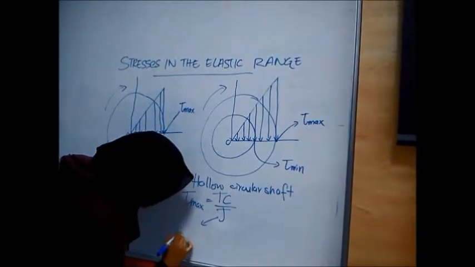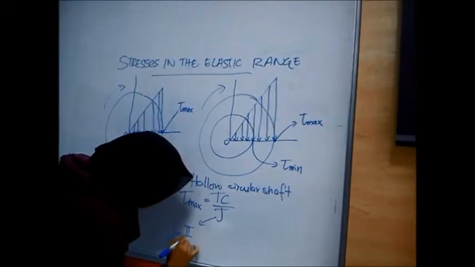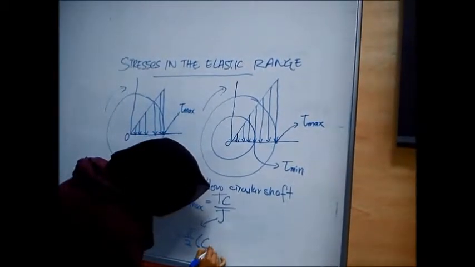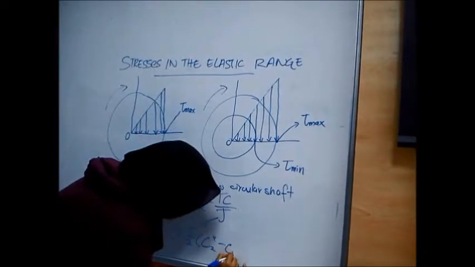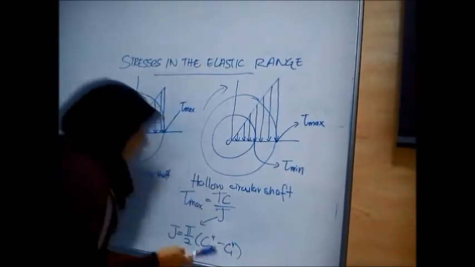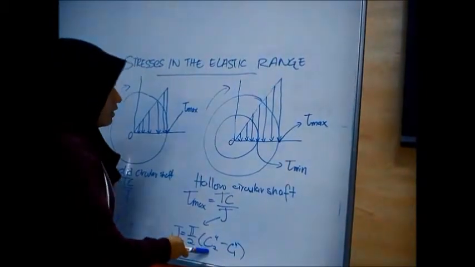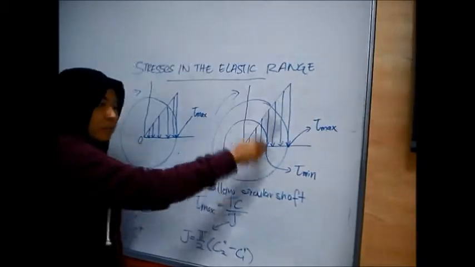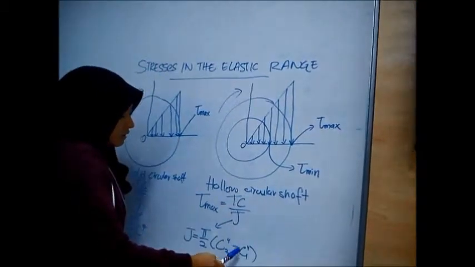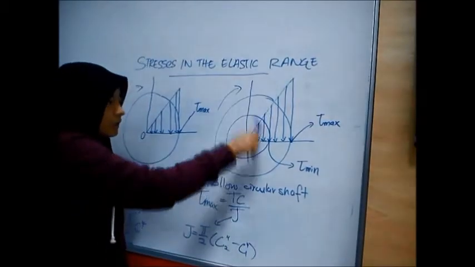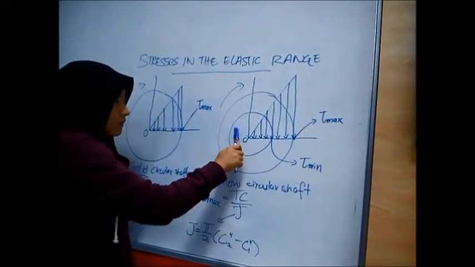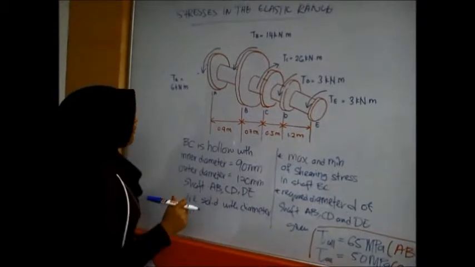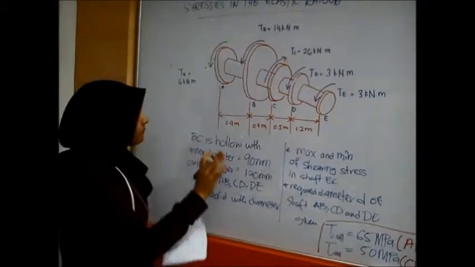J is equal to pi over 2 times (c2^4 minus c1^4), where c2 is the radius of the outer diameter, and c1 is the radius of the inner diameter of the shaft.